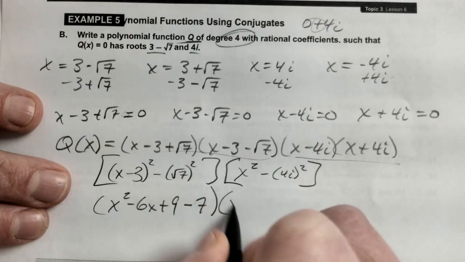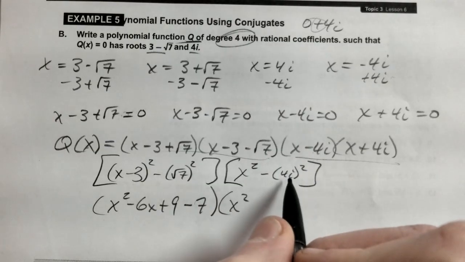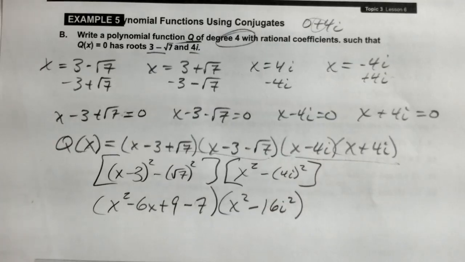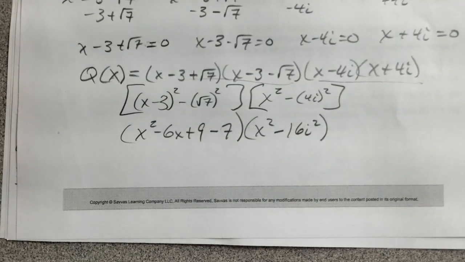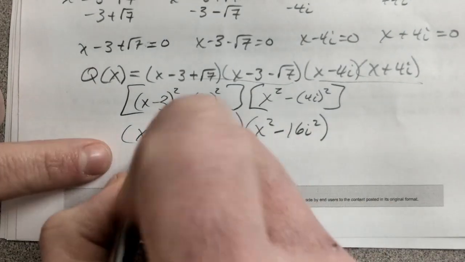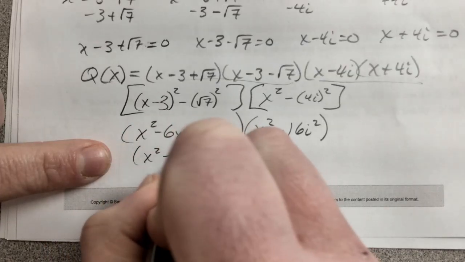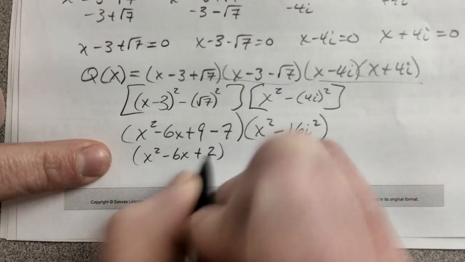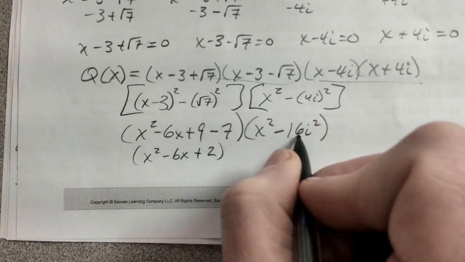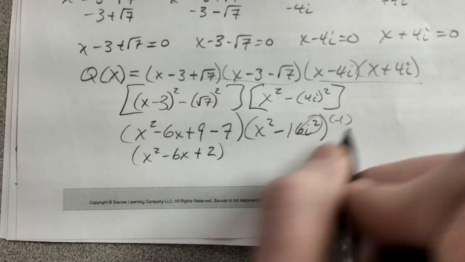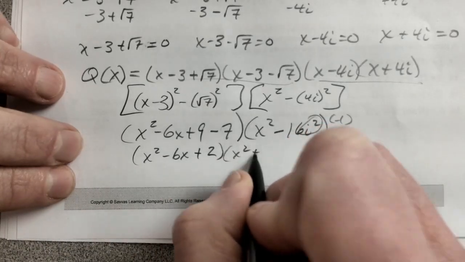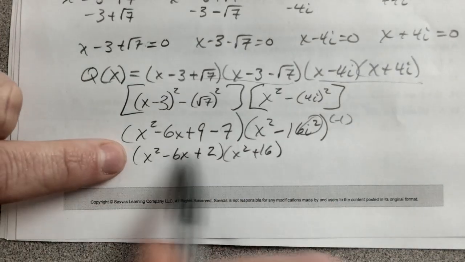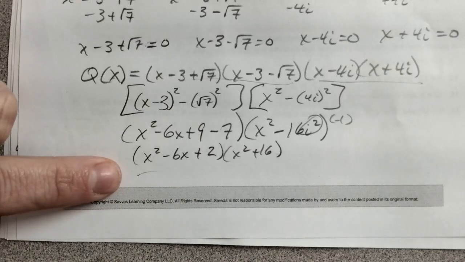Over here we end up with x squared minus 16i squared. Hold on, we're almost there. Cleaning this up, we get x squared minus 6x plus 2. Over here, i squared is negative 1, so we get x squared plus 16. And now we have a trinomial times a binomial, 6 total terms here.